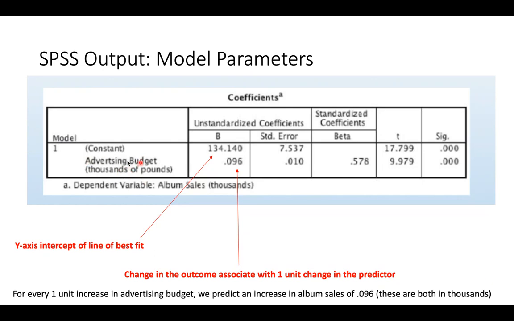So for every unit increase in our budget, we get this many album sales. And remember, these are all in thousands. So 1 unit of advertising budget means 1,000 pounds. So for every 1,000 pounds, we get 0.096 thousand additional album sales, which if we do the math is 96 album sales.